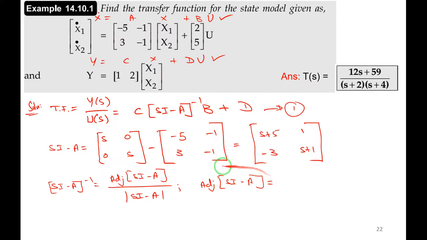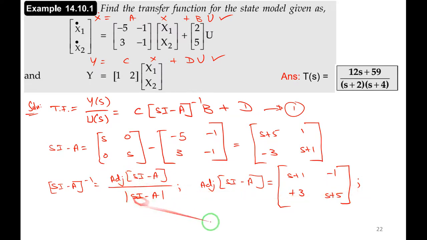How to find it? Interchange the diagonal elements: S plus 1 will come here, S plus 5 will go here. Then change the sign of the other elements. So plus 1 means minus 1, minus 3 means plus 3. We should be very careful. Is it fine? Next, the adjoint is over.